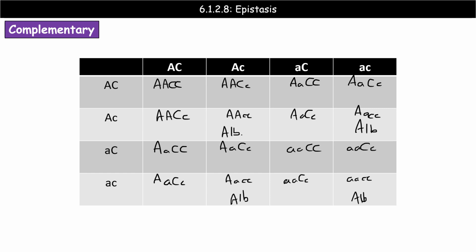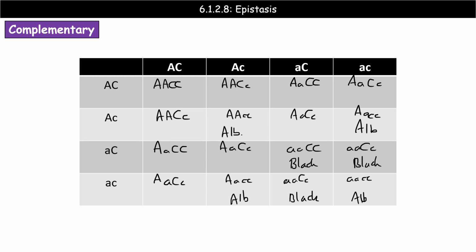Then we can think about our black mice. Black mice, remember, must be homozygous recessive for the A, but they must have at least one of the dominant C's. So we're going to have a black mouse here, a black mouse there, and a black mouse there. Anything else is going to be an agouti mouse.